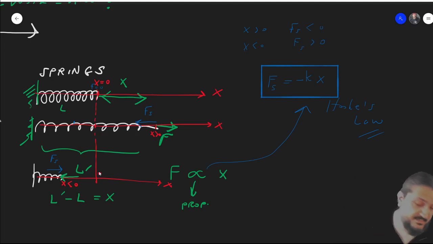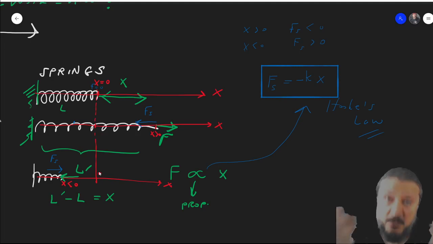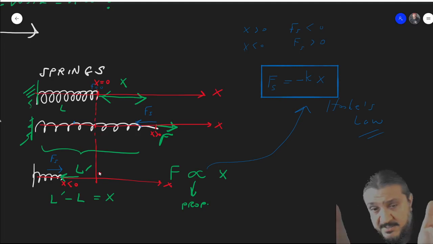The force in the spring is proportional to the change in the length of the spring, and that negative sign guarantees that the force will always try to restore the spring to its original unstretched or uncompressed position.